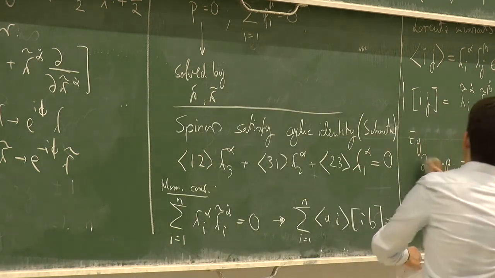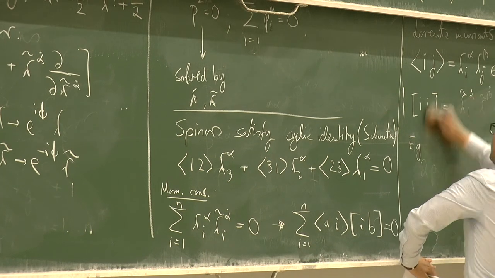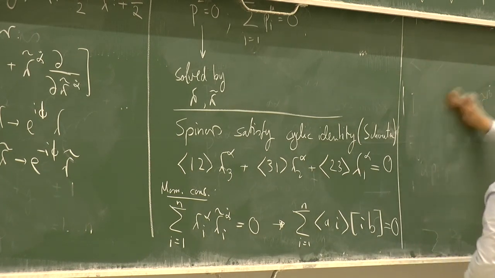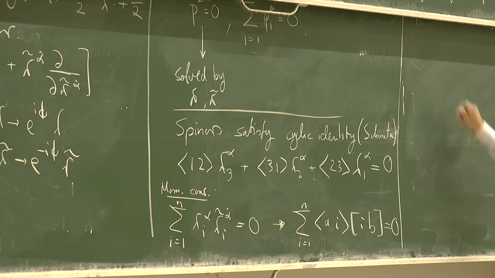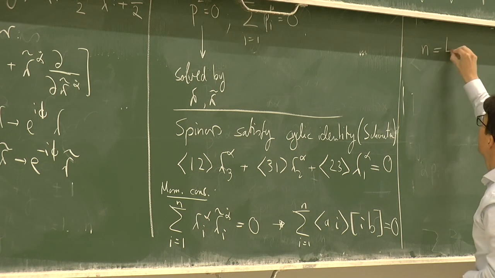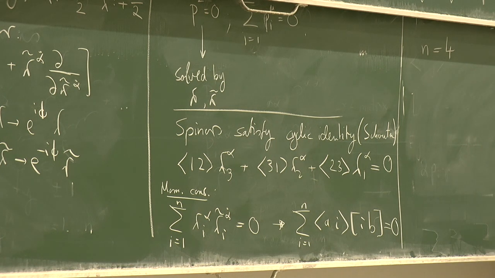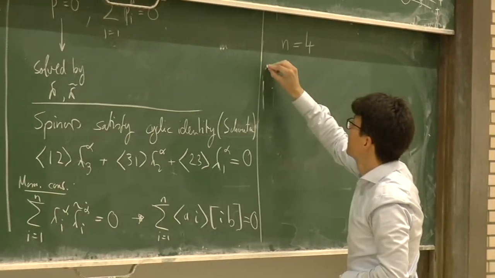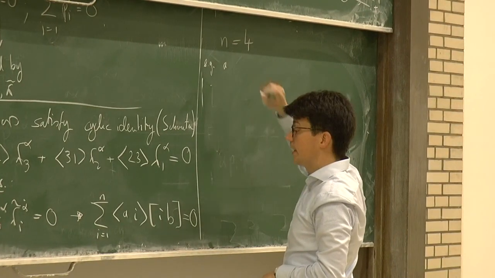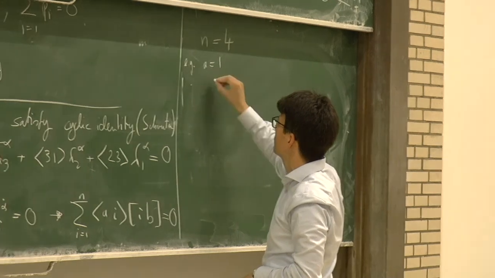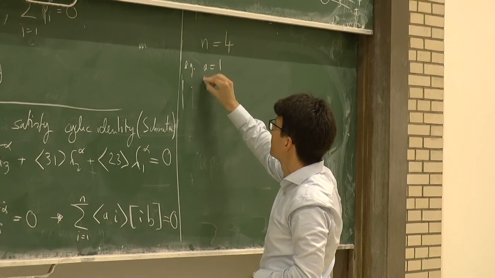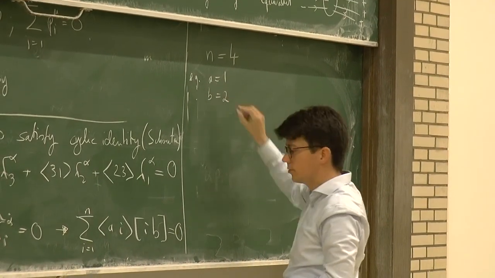And maybe just finish by giving a very simple example. If you have four particles, then let's say for example a we take 1 and b we take 2.